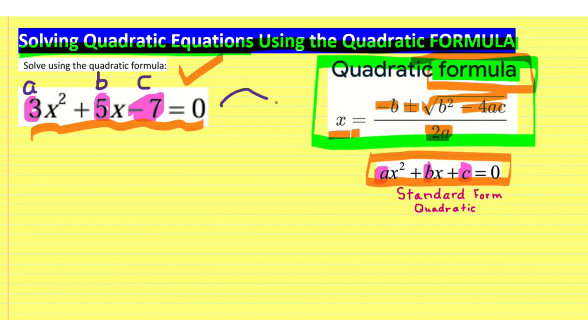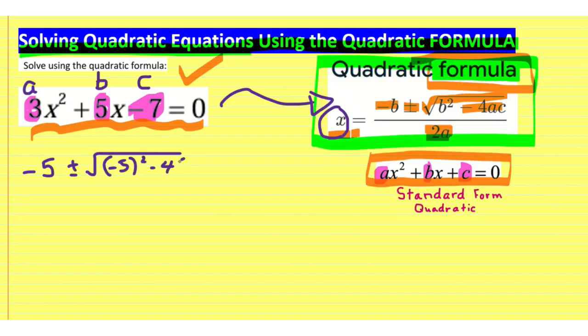So we are going to plug all those numbers into our quadratic formula so that we can find solutions for x. So it's going to be negative b, negative 5 is the b value, plus or minus the square root of b squared, negative 5 squared, minus 4 times the a value, which is 3.